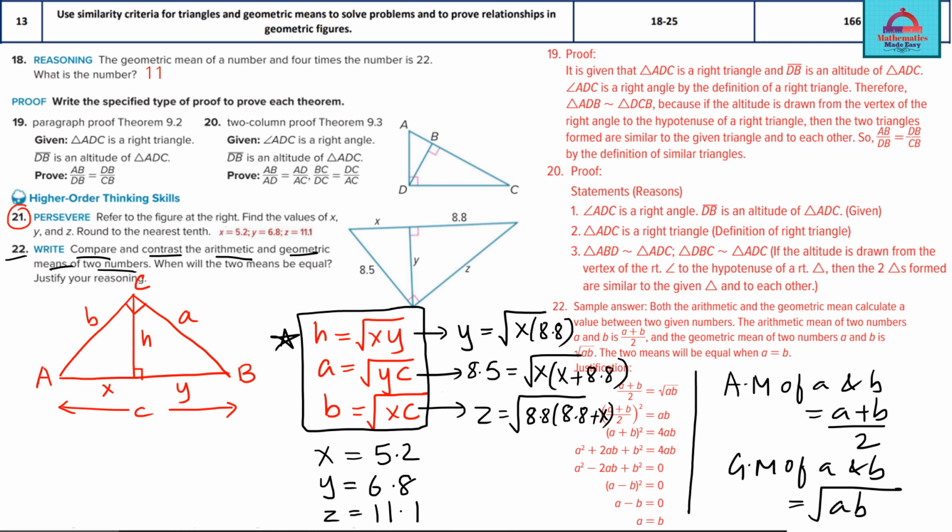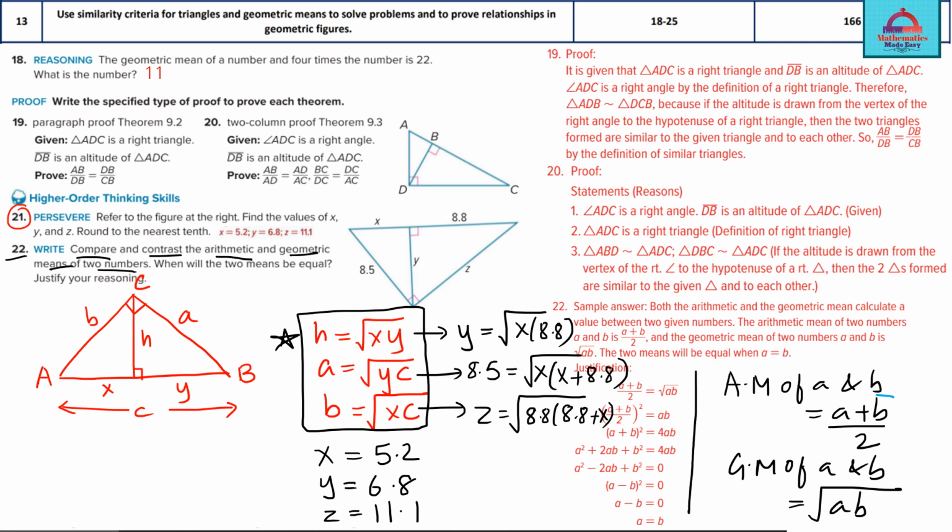Now the question says, when will these two means be equal? Justify your reasoning. So now let me explain this to you. Both the arithmetic and geometric mean calculate a value between the two numbers a and b. That's quite sure, coming from the formula itself. Now the two means will be equal when both the two numbers a and b are equal. And how you can check that? By making them equal.